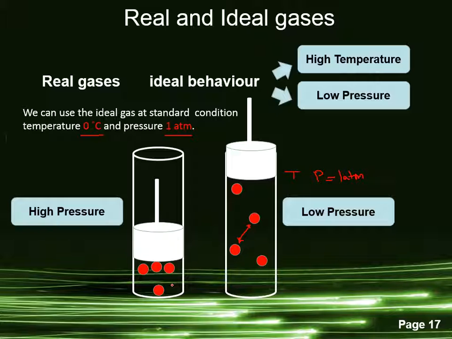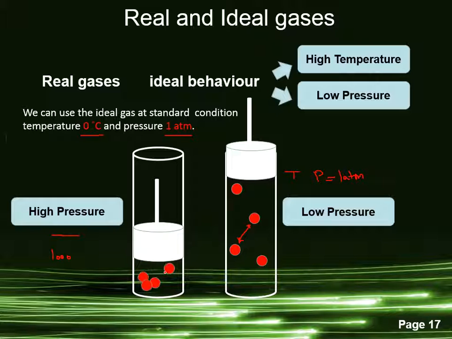However, when we increase the pressure, such as in the left cylinder, where the pressure is 1000 atmospheres at constant temperature, the volume decreases and you can see the distance between molecules becomes less than the size of the molecules themselves. Under this condition, the kinetic theory breaks down.